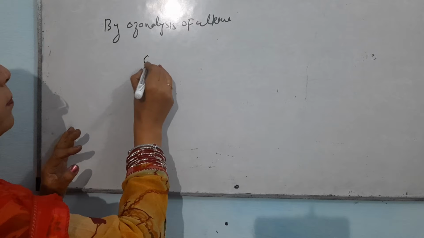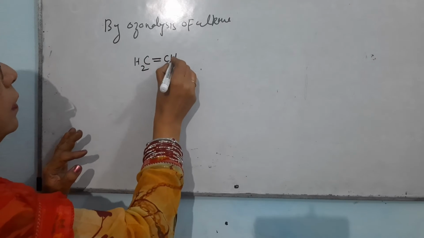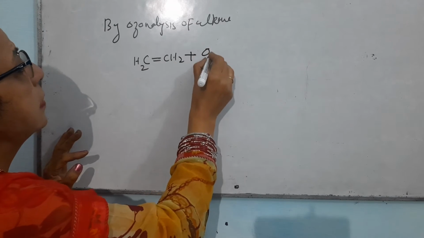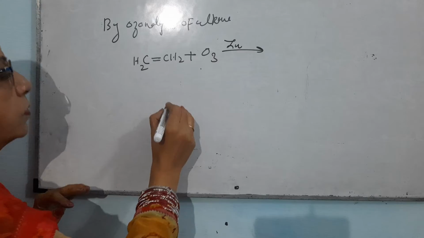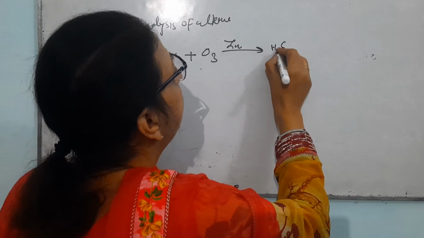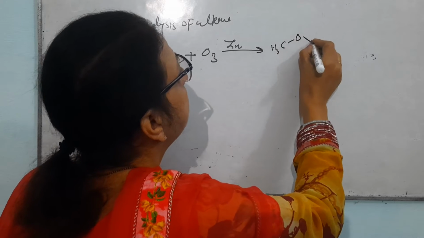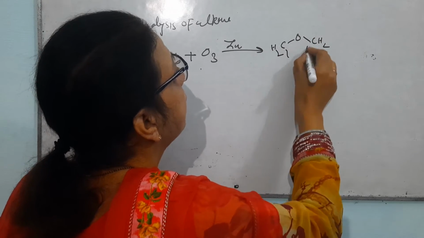Let me take an example. Suppose there is ethene. The reaction is taking place with ozone in the presence of Zn. So first there will be formation of ozonide.